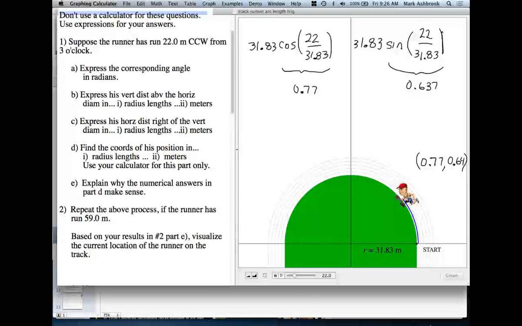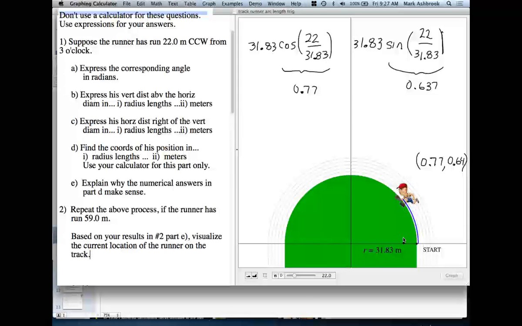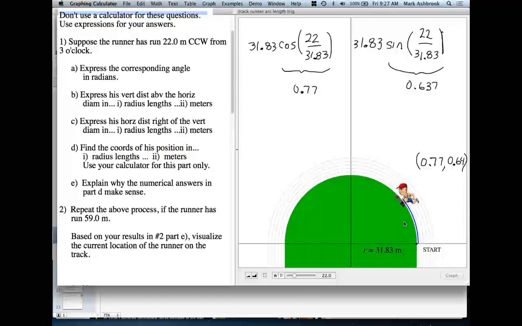Sine is with y, the vertical distance from the horizontal, and cosine is in x, because it's distance from the right side.